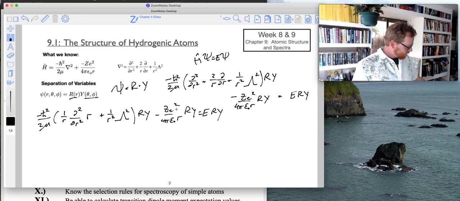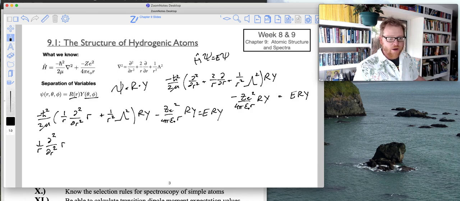In typical fashion, I'm going to push my constants over to the other side. I'm also going to distribute all of these derivatives through to the wave function. So now I'm going to write that as 1 over r, partial of r squared times r, and then distribute that through big R times Y.